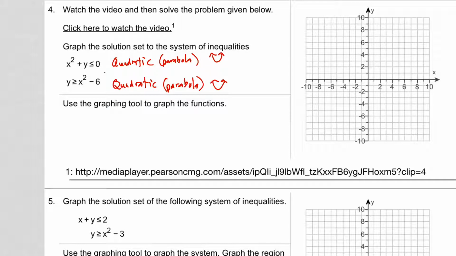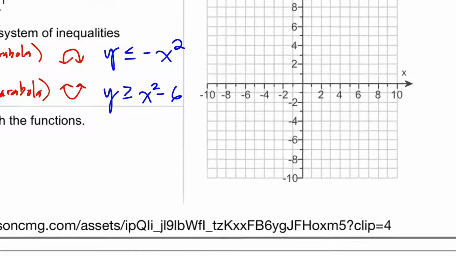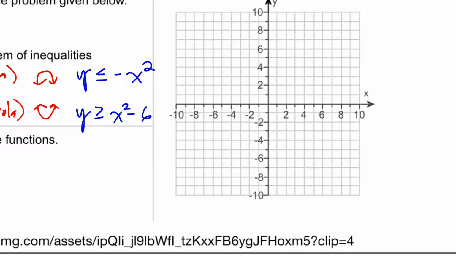Okay, so let's go ahead and graph using transformations. Actually, I'm sorry, this is not right. This one's upside down. So the reason why it's upside down is because y is actually less than or equal to negative x squared. And the other one is already set up correctly. Okay, so let's go ahead and graph the first one, which is upside down, and the vertex is at (0, 0).